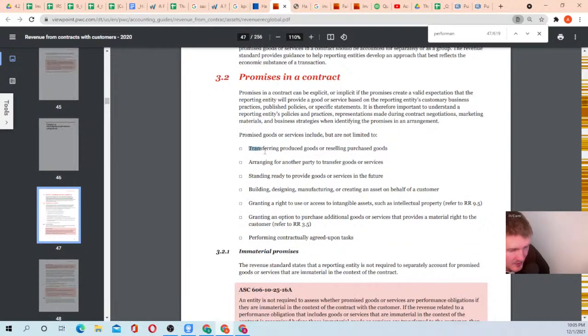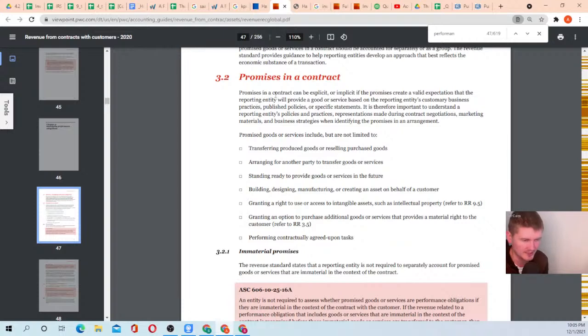And promises might be about goods or services, another party transferring shipping, standing ready to provide. So a lot of the stuff might be a promise in the contract, and some promises might not be included in the contract. So situations might exist where there is no promise in the contract.